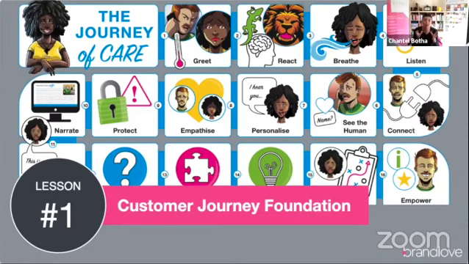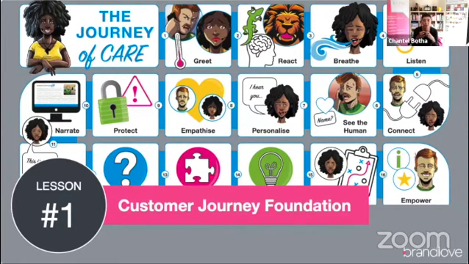Now, in that environment, what we found was just a lot of process excellence and transactional excellence, but not nearly enough empathy.